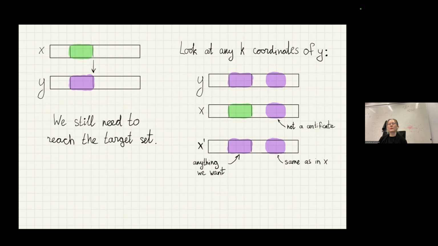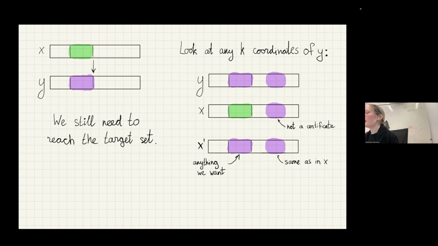So in particular, if we want to be able to reach the target set with some bit flip in here, and I've already told you that the size of this is something like n to the 1/3, this tells us that we need to be within appropriate Hamming distance from the target set.